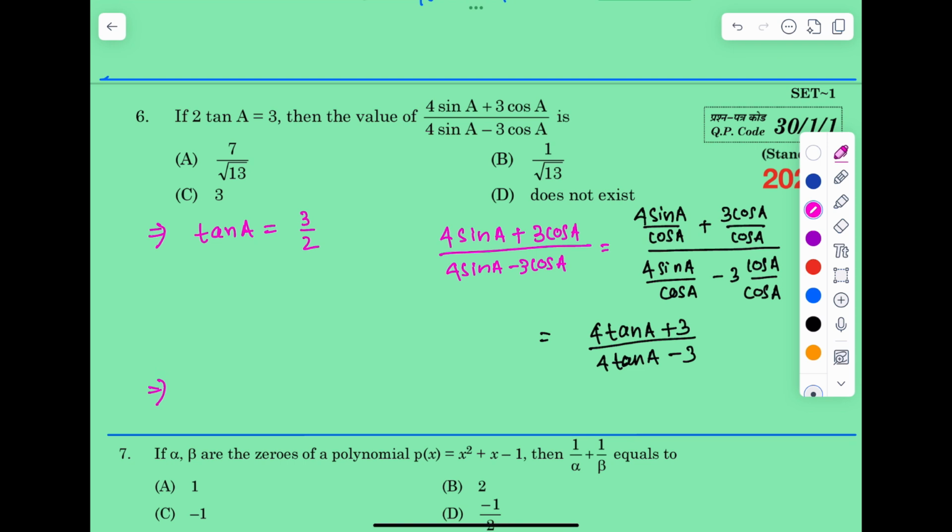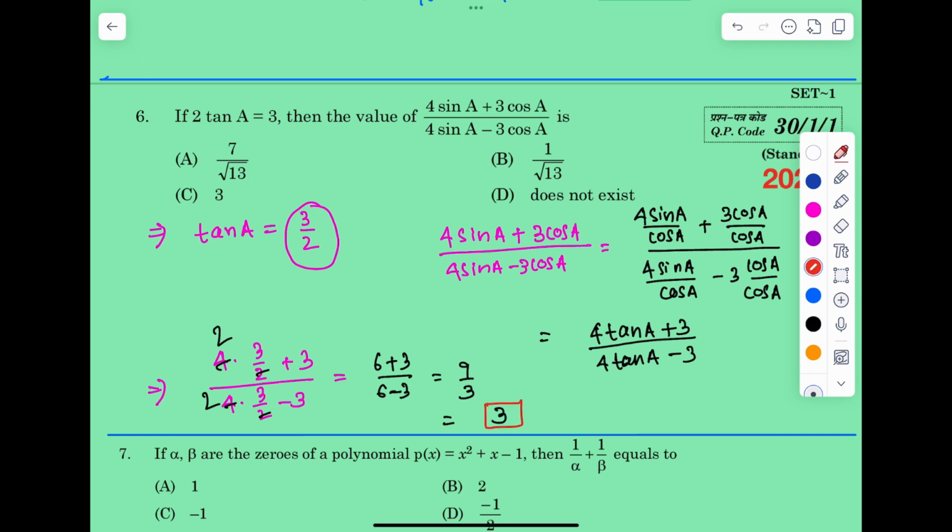If we put the value of tan A, which is 3 by 2, it will be 4 into 3 by 2 plus 3 divided by 4 into 3 by 2 minus 3. The 2s cancel out, and that is equal to 6 plus 3, that is 9, divided by 6 minus 3, which is 3. 9 by 3 is equal to 3, which is the answer.